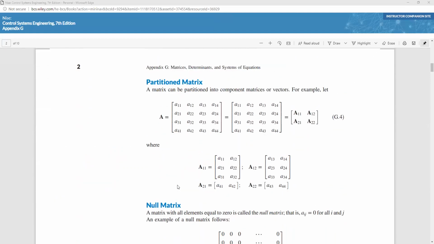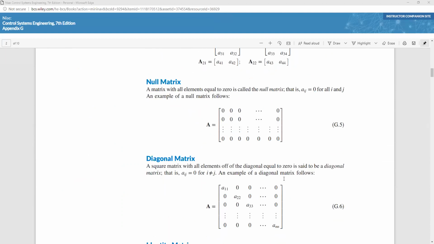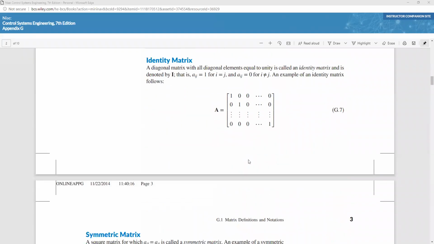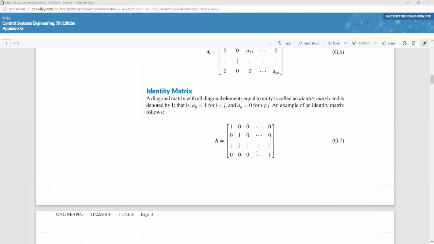A matrix can be partitioned into component matrices or vectors, for example like this, where A11, A12, A21, A22. Now that is the null matrix. That is the diagonal matrix, just a diagonal like this. An identity matrix means diagonally one.